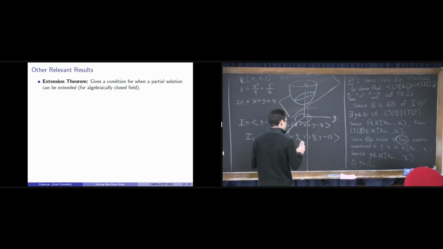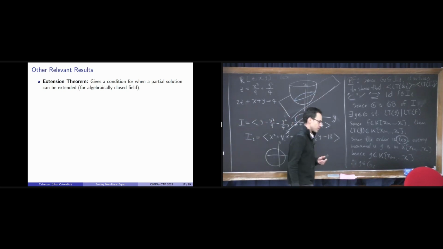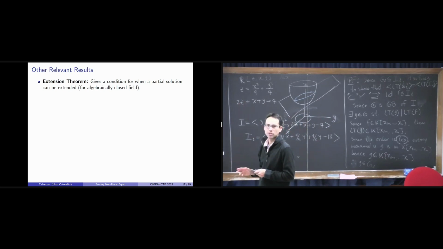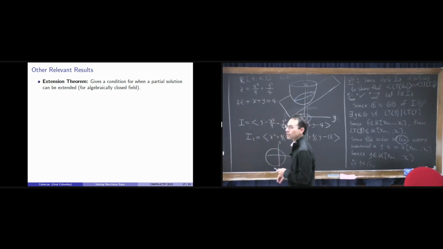It's not always true that when you get a solution on the projection, you can lift it to a solution on the actual space you're looking for. It's not always possible. The extension theorem gives some conditions for algebraically closed fields.